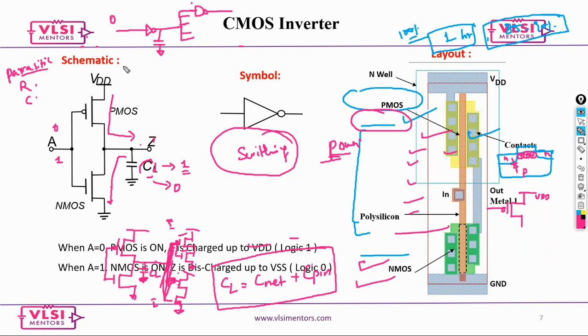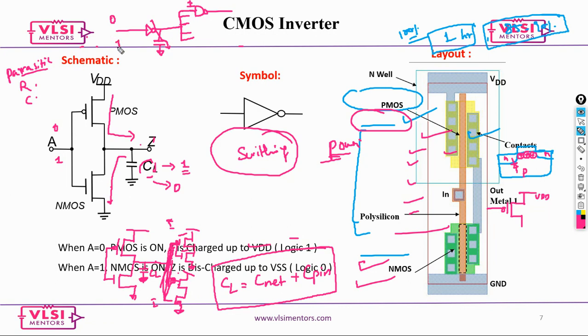When you give 0, your PMOS turns on and it charges your cap. This cap getting charged means this node is pulled to logic 1. That is how you are switching, turning on the transistor and managing the states. Now imagine you are giving 1 here.